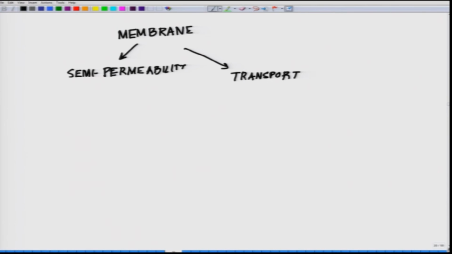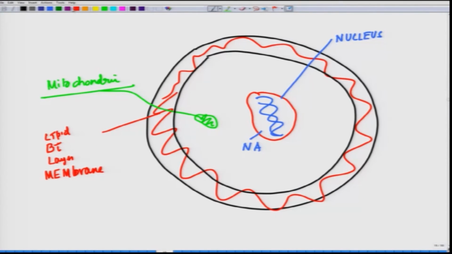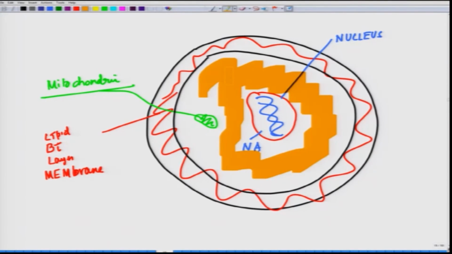It could have a diffusion, it could have facilitated transport, and this part, what you see here, is called the cytoplasm, between the nucleus and the membrane, and these are the different organelles.